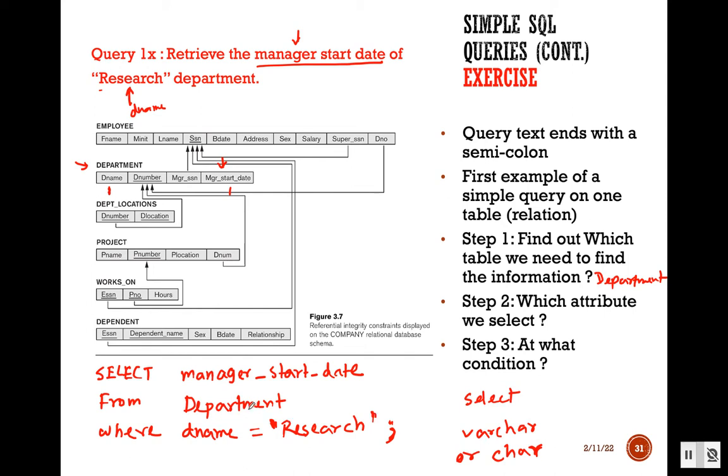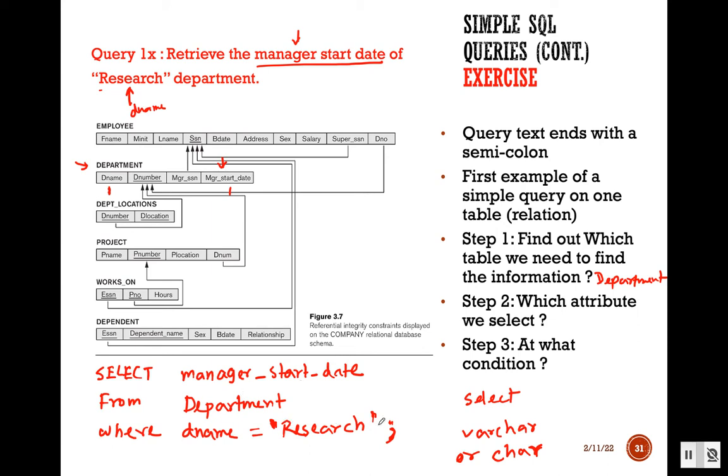So here you can see what I'm doing. Select, here I'm using all caps, but here I'm using a combination of all caps and small caps. It is case insensitive, so everything is going to work. Select manager start date from department where dname equals to research.